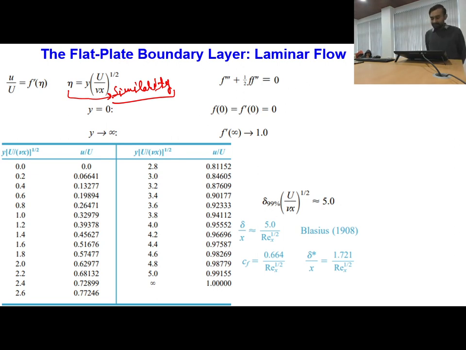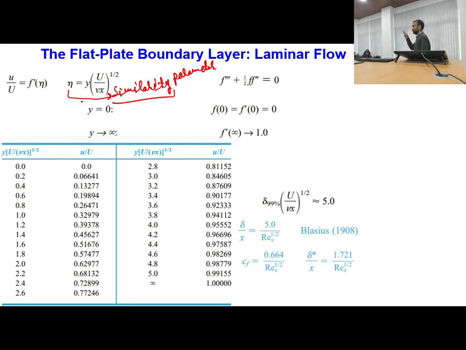In case of laminar flow conditions, Blasius assumed one similarity parameter, eta, which is equal to y times the square root of U by nu x.